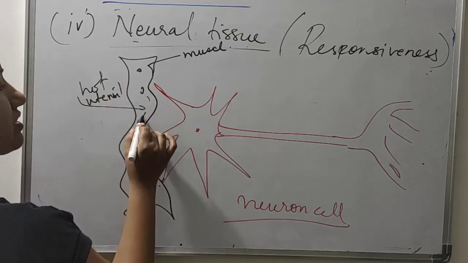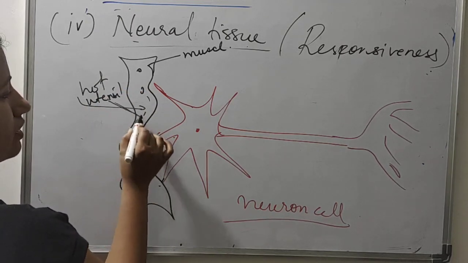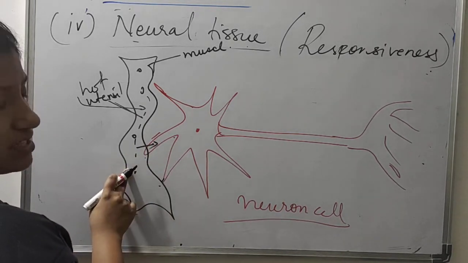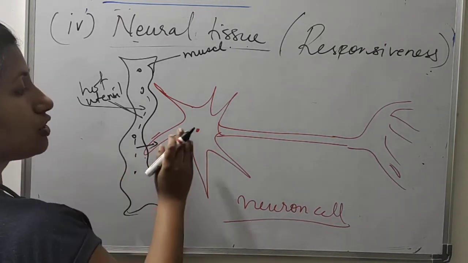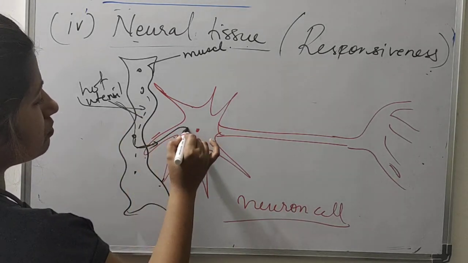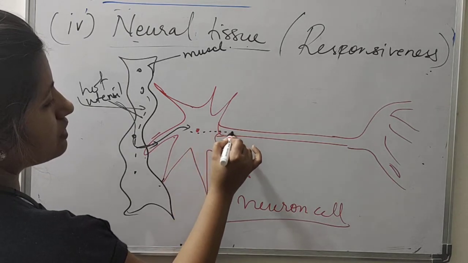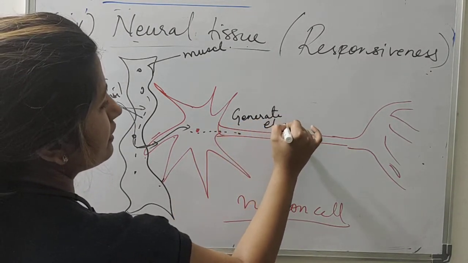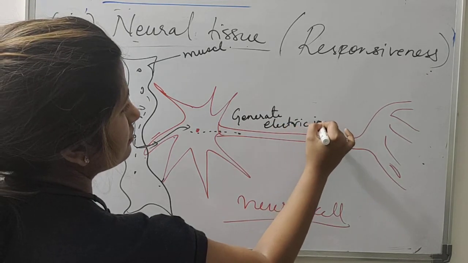When your muscle cell receives this information, it passes to the neuron, because the neuron is attached to the muscle. So whatever happens to the muscle, the neuron will come to know. The neuron will receive this information and will generate an electric impulse here.